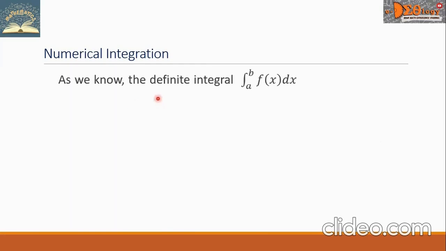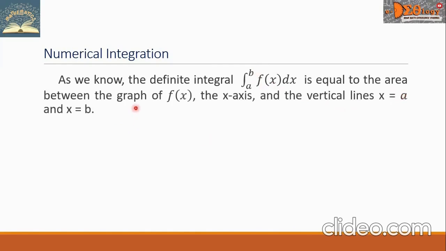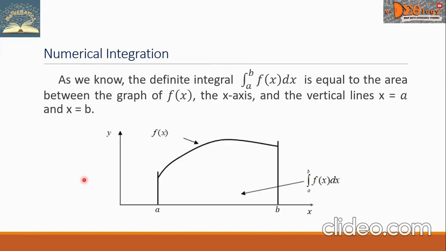As we know, the definite integral, that is the integral from a to b of the function f of x dx, is equal to the area between the graph of the function f of x, the x-axis, and the vertical lines x equals a and x equals b, as shown in this graph.